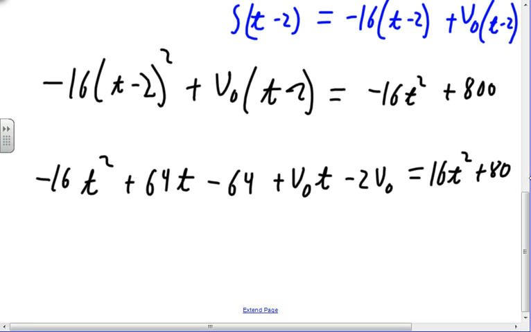I don't think this is going to work, because I have one equation and 2 unknowns. So I'm not going to do this. What I'm going to do is something different.